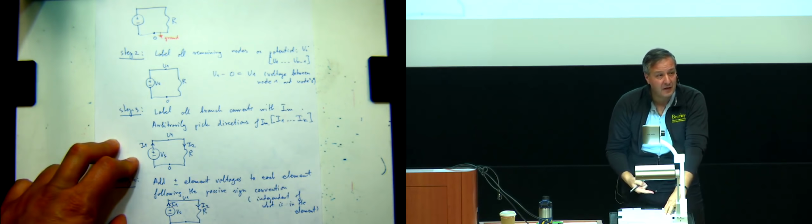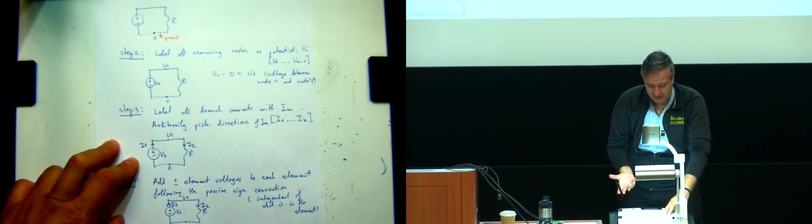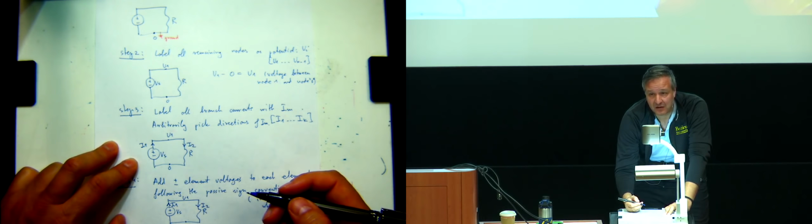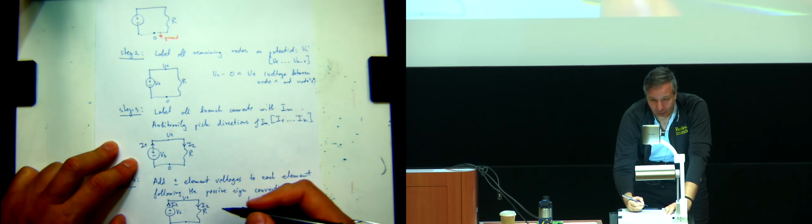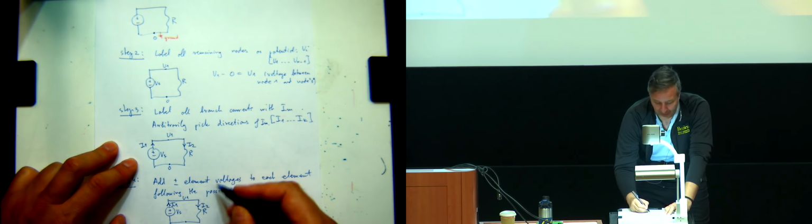I defined I1 this way, I defined I2 this way. Now, because I defined these element currents like this, I need to obey the passive sign convention, which means here, on this R element, where's the plus? If I want to label V2, where is the plus? Up, right?